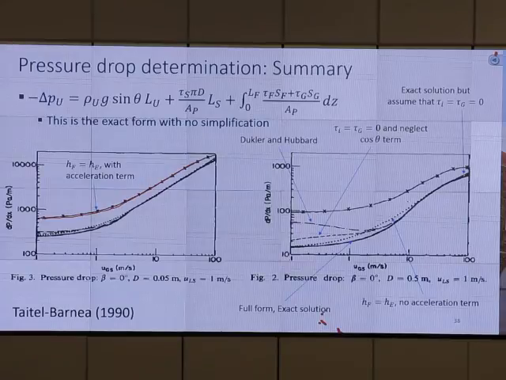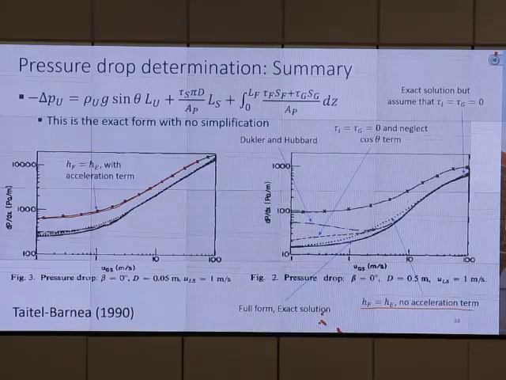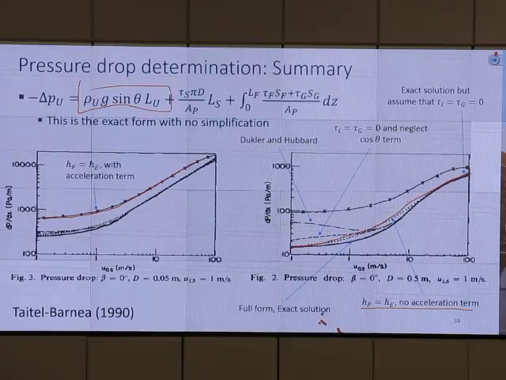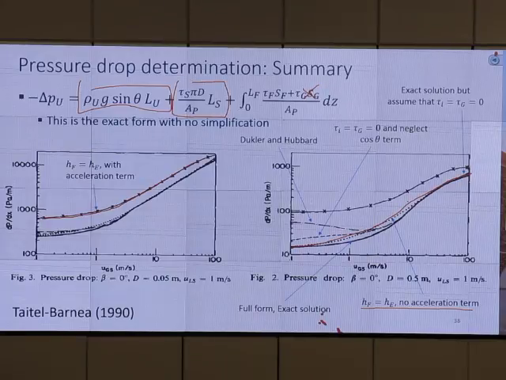If you don't include the acceleration term, you get HF equal to HE, no acceleration, and then you get something close. So when you do the calculation, you may calculate this term and neglect that, and don't include the acceleration term. Then it will be just fine.